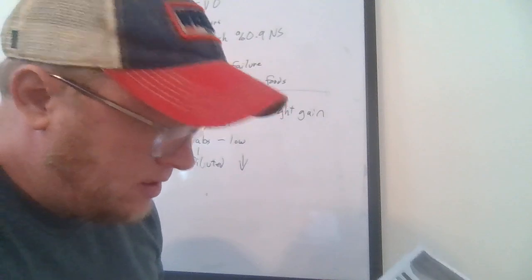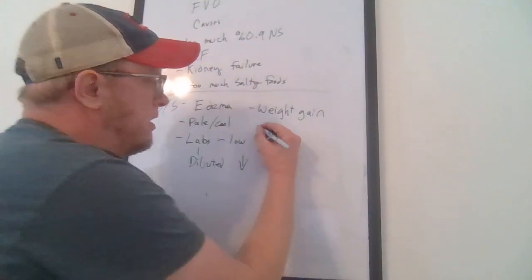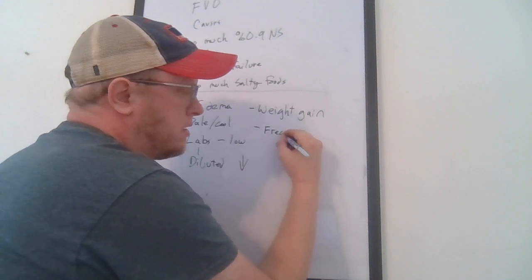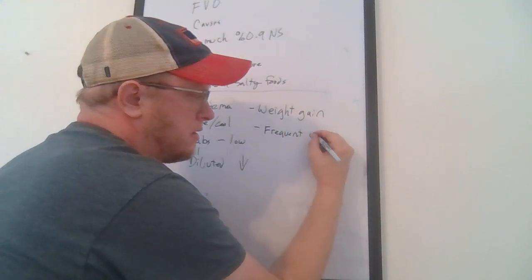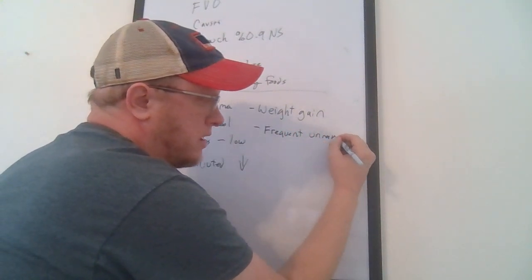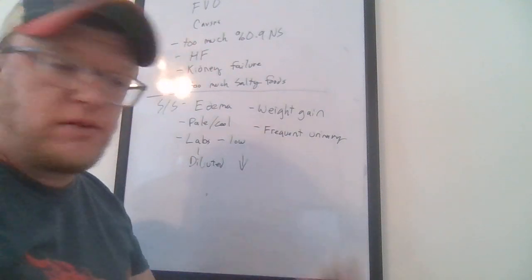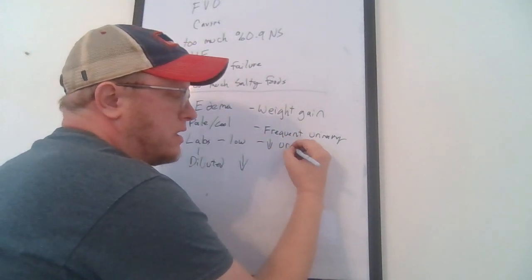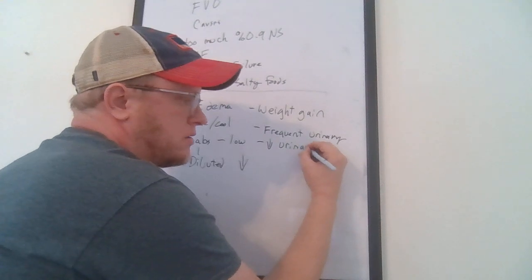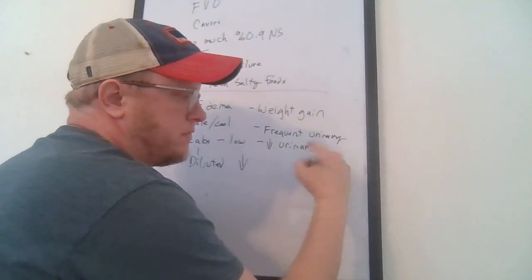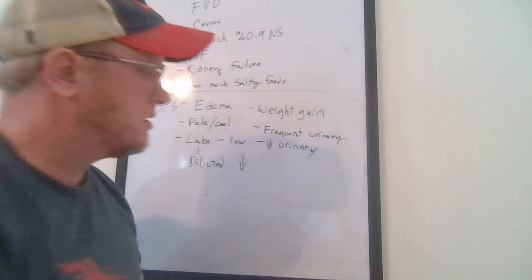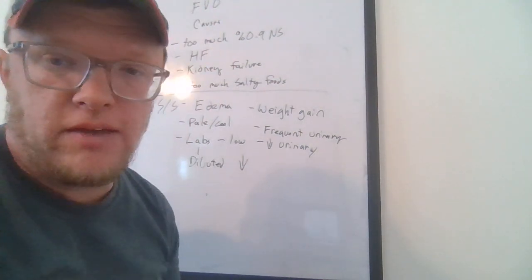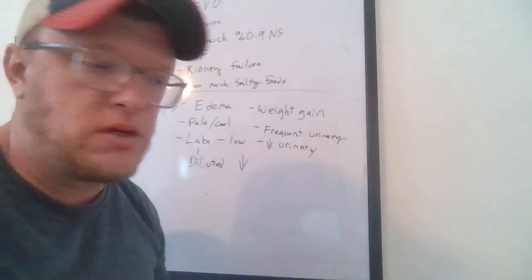They might have frequent urination because the body's trying to compensate and get rid of that fluid, or they may have a decrease in urination because the kidneys aren't working and that's why they have fluid overload in the first place. That could really vary. You kind of have to look at the whole picture.